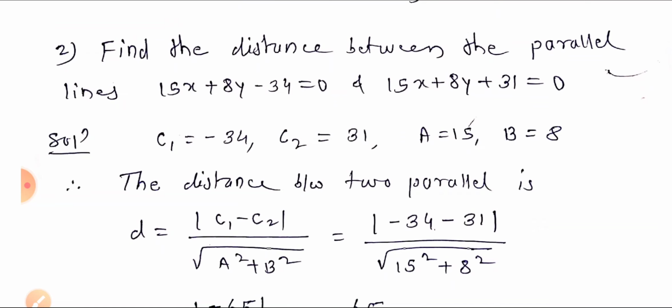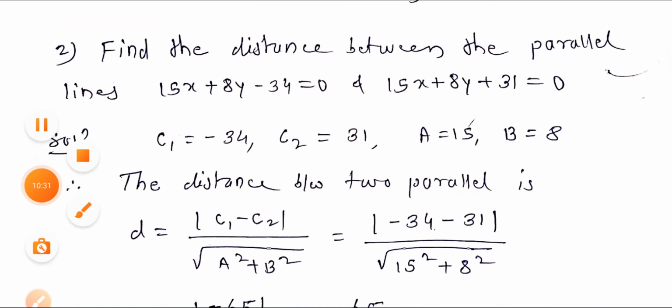Similarly, the next example: find the distance between the parallel lines 15x plus 8y minus 34 equal to 0 and 15x plus 8y plus 31 equal to 0. Solution: here c1 is equal to minus 34 and c2 is equal to 31, a is equal to 15, b is equal to 8. So the distance between two parallel lines is d equal to modulus of (c1 minus c2) by root of (a square plus b square).